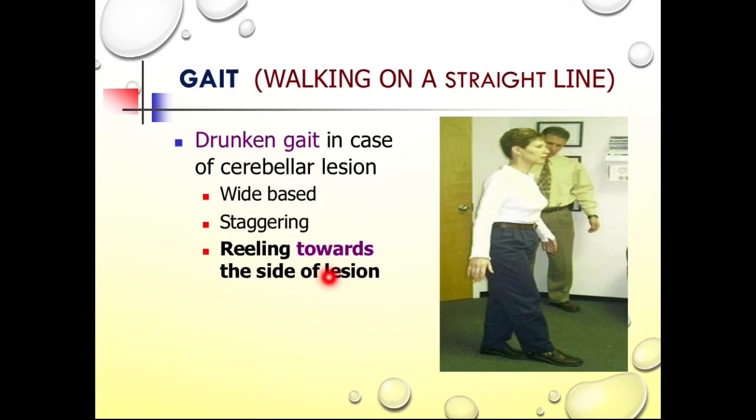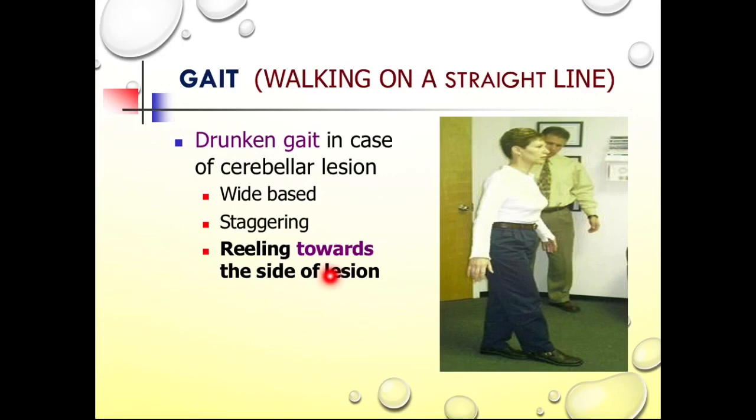So if either the visual pathway or the dorsal column pathway is intact, then that person will be able to walk straight. Initially, with the eyes open, the dorsal column is lesioned but the visual pathway is intact, so the person is able to walk in a straight line. As soon as you ask him to close the eyes, both are cut, and that person won't be able to walk in a straight line.